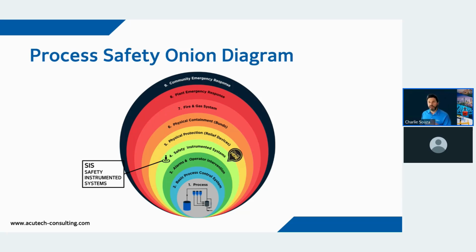And I'm going to say this again, in my opinion, the fallacy is that the PSM team or the PSM audit tends to focus on that basic process control system, tends to focus on alarms and operator intervention, and leaves the safety instrumented systems for the functional safety team to take care of or to be responsible for, going by their own requirements, right?